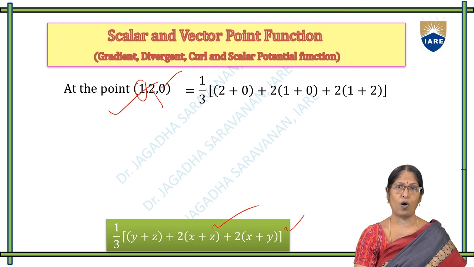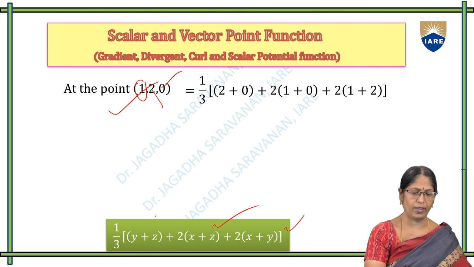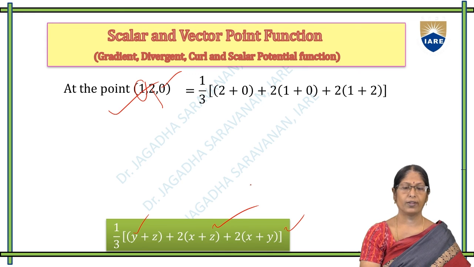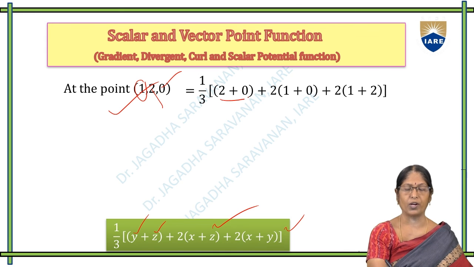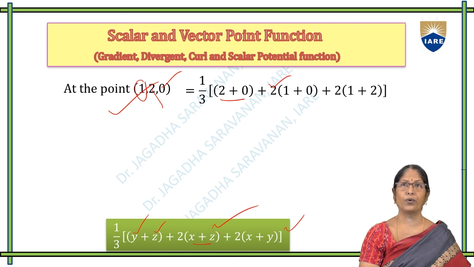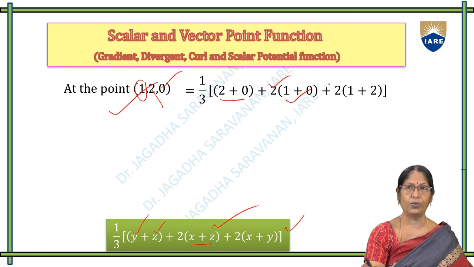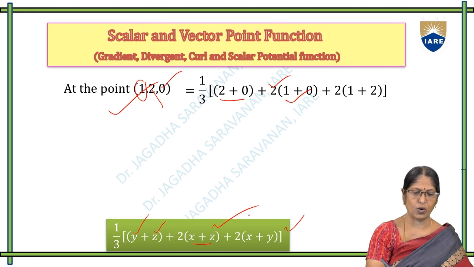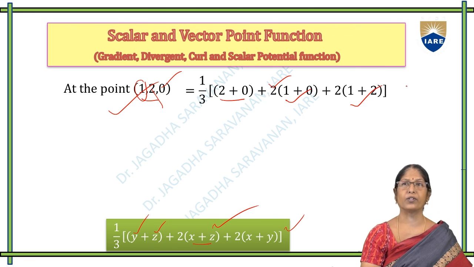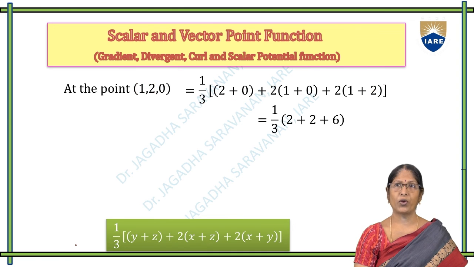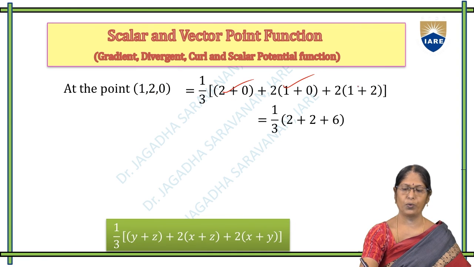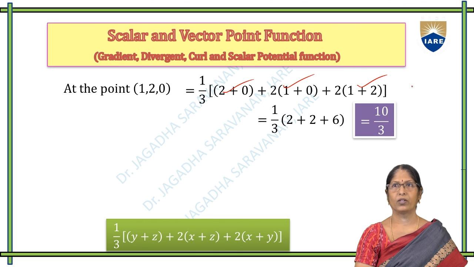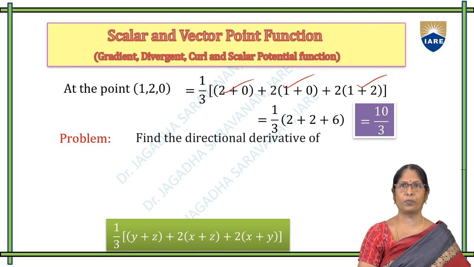So 1 by 3 of, y is replaced by 2 and z by 0, giving 2, plus 2 of 1 plus 0, plus 2 of 1 plus 2. So 1 by 3 of 2, 2 and 6. So 10 by 3 is the result for this problem. Now we will move to the next problem.